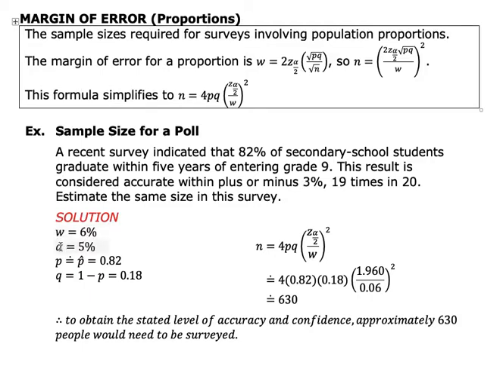If we have 19 times out of 20, then our error is 1 out of 20, which is 5%. So that's our significance level, the confidence level of 95%. And our population proportion is being estimated by our sample proportion. 82% was our value, so the complement of that is 0.18. Substituting into our formula, we end up with approximately 630.